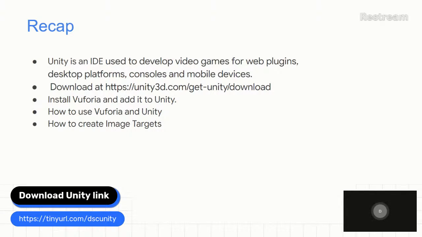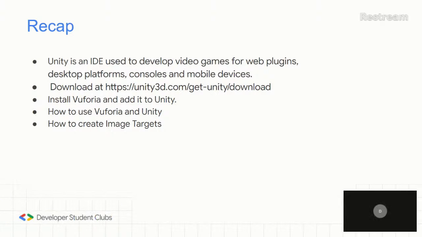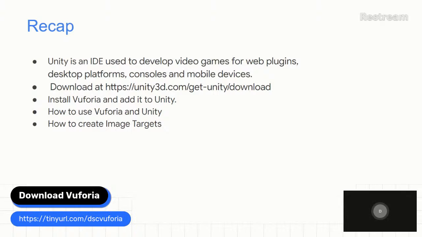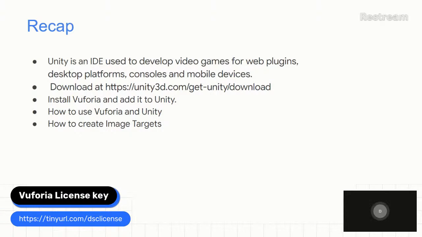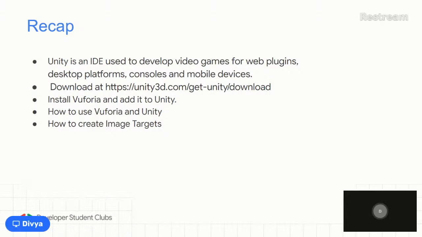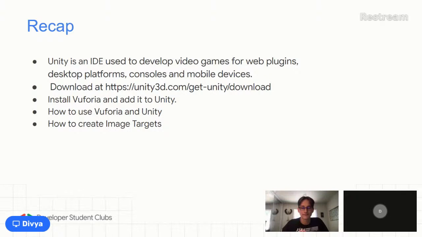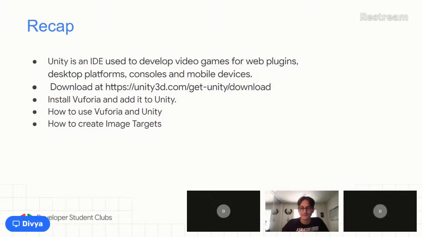Also, we talked about how to install Vuforia and how to add it to Unity. And Luke discussed how to use Vuforia and Unity together. We also talked about how to create image targets, and we did a little demo of what we created and how to make your own app. So I hope you enjoyed all the stuff we did. And then I will go on to the next slide.